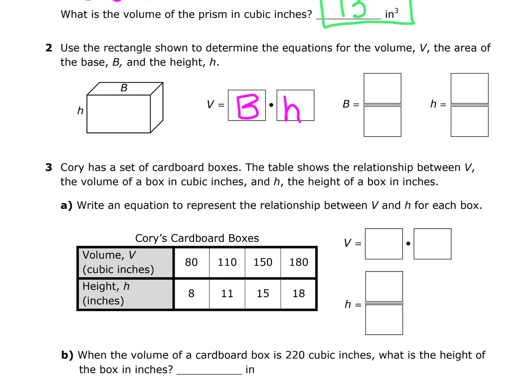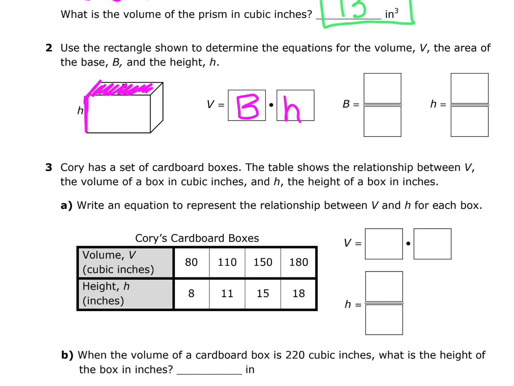All right, so remember that the base is 2-dimensional. It has 2 units of measurement: it has a length and it has a width. And then the height is how tall it is. So you have to have 3 dimensions when you're finding volume.